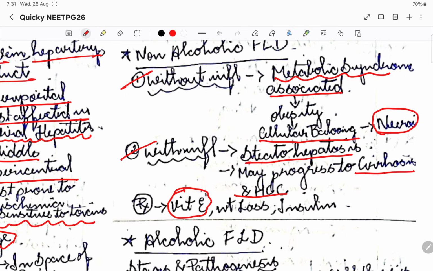We had discussed in biochemistry also. So vitamin E is very important. The main management is managing the underlying disorder. The metabolic disorder can be managed by weight loss and also by improving insulin sensitivity. So this is how we can manage non-alcoholic fatty liver disease.